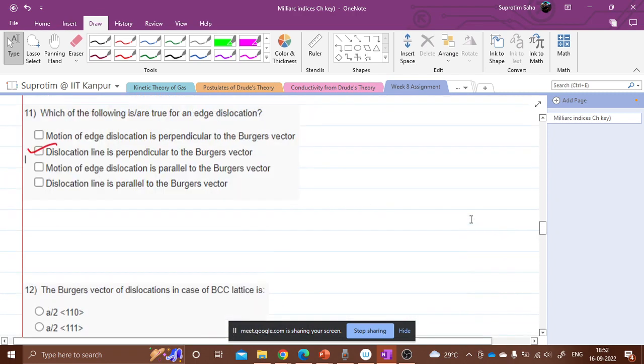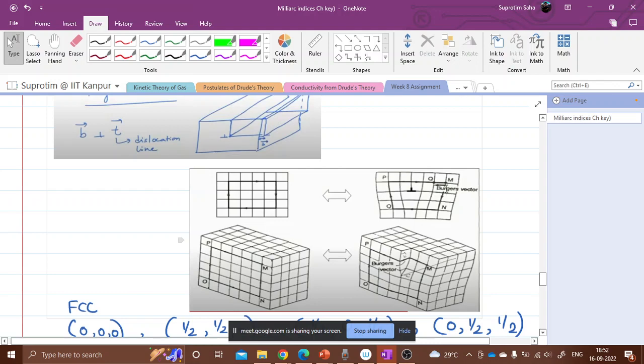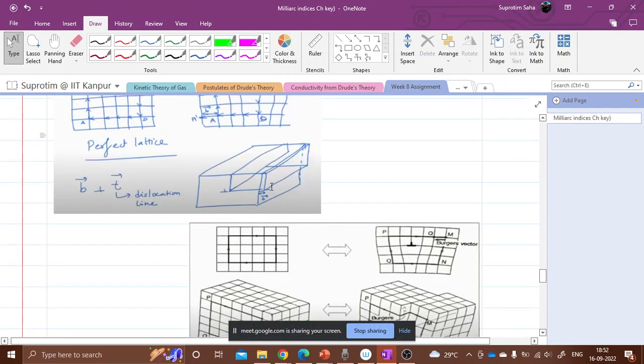Motion of edge dislocation. Along this Burgers vector, you have this motion where there's an extra plane you have to traverse.